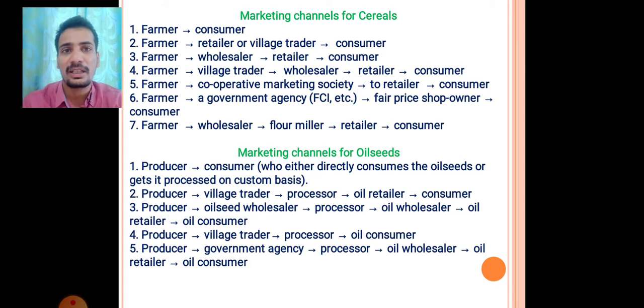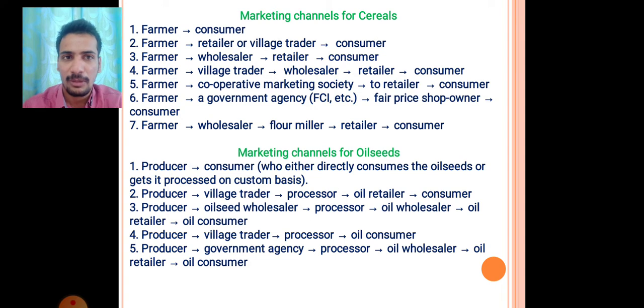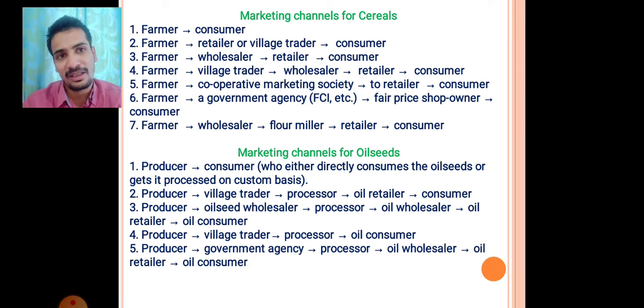Third, farmer to wholesaler, then wholesaler to retailer, and then the consumer. Fourth, farmer, village trader, wholesaler, retailer, consumer. Fifth, farmer to cooperative marketing societies which exist in the villages, then from the cooperative marketing society to the retailer, and from the retailer to the consumer.